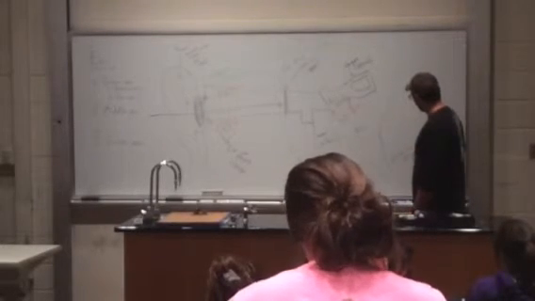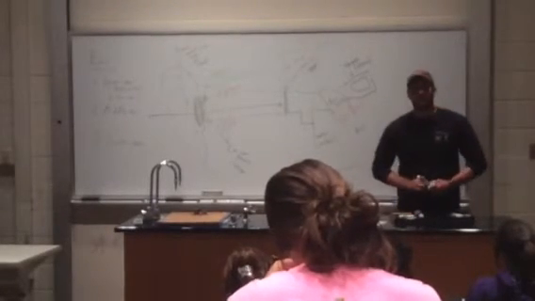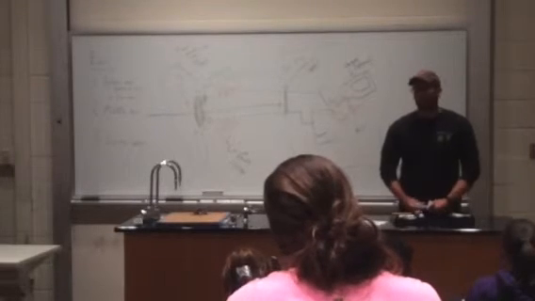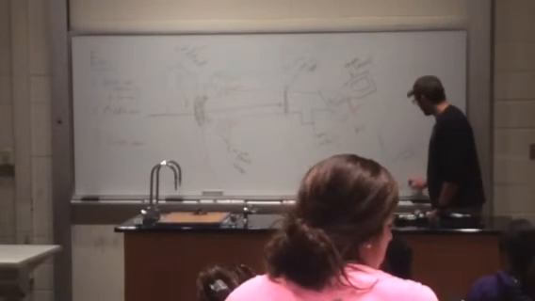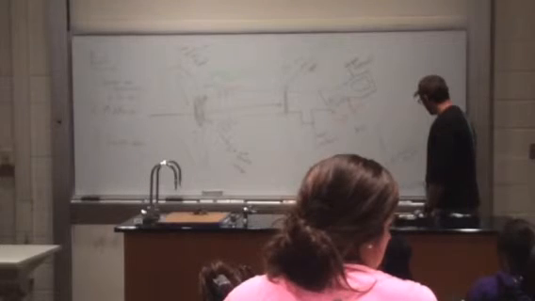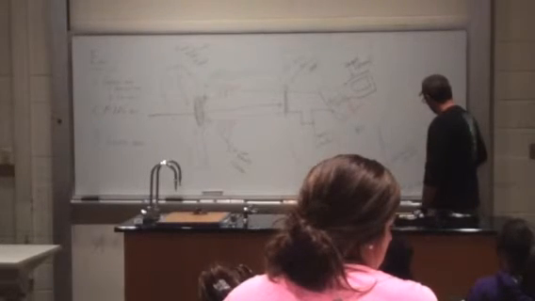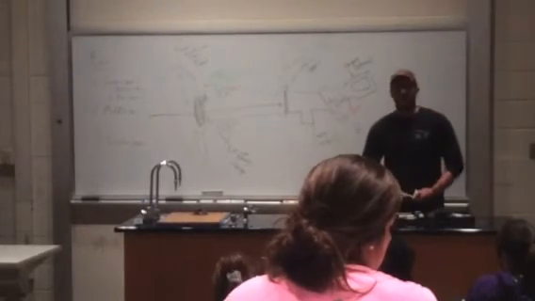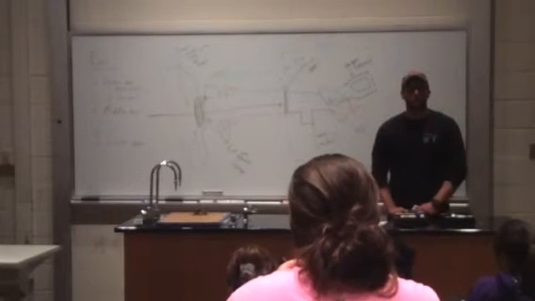The eustachian tube connects this middle ear cavity with the nasopharynx. So if we draw an arrow down here, this will be leading to the nasopharynx, which is basically that common opening for your mouth and your nose.